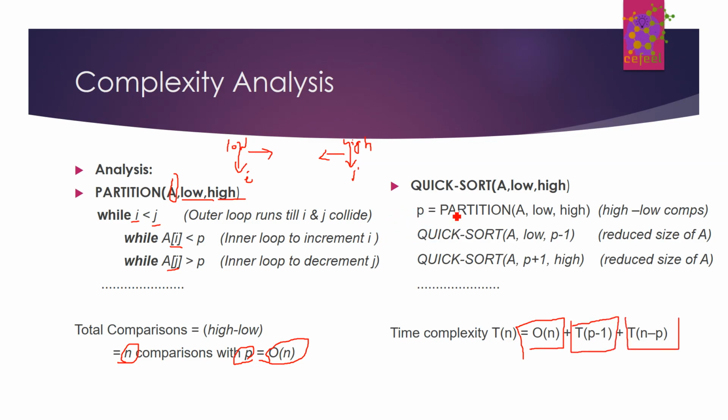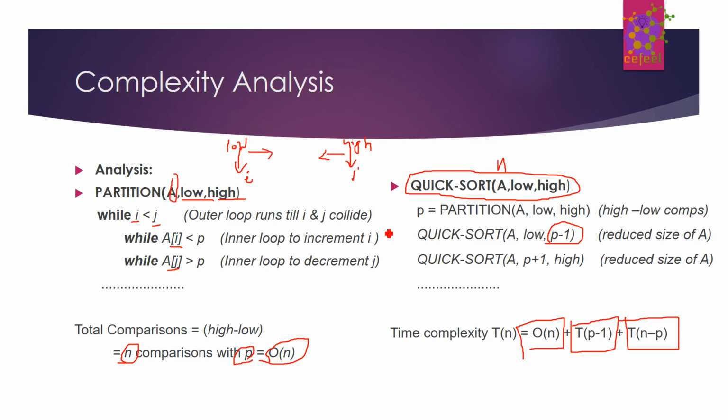Why? Because we have decreased the size of the original quicksort problem, which was n, to now have p minus 1 elements. Let's say in this case we start with low equal to 0. The first call will have p minus 1 elements, which means it is T(p minus 1).